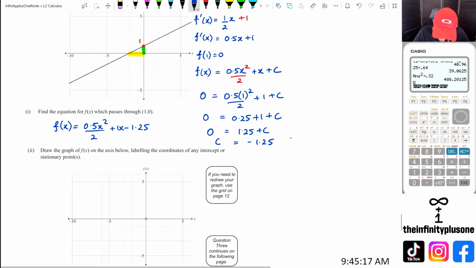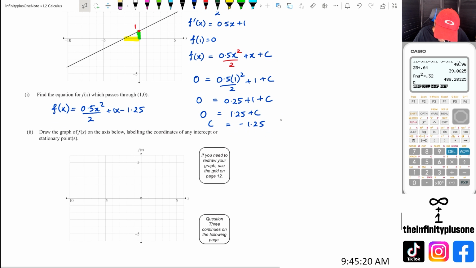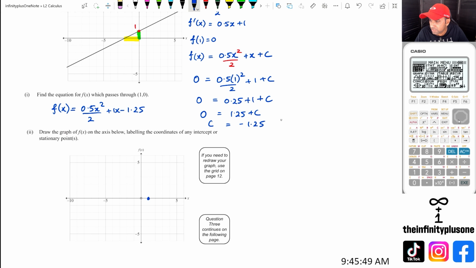Now what it says is draw the graph of f of x on the axis below, labeling the coordinates of any intercepts or stationary points. The first thing I know is it actually goes through 1, 0. That's for sure. The next thing is I need to figure out what the other values are. I think I just need to put this on to figure out the roots.